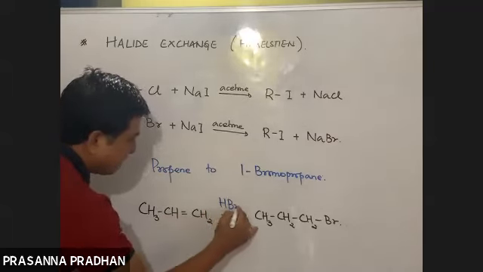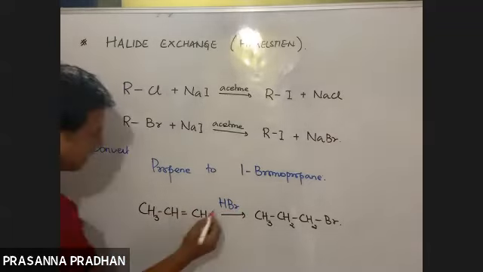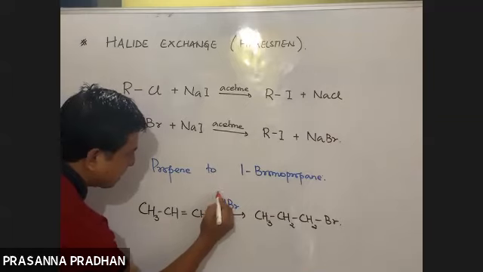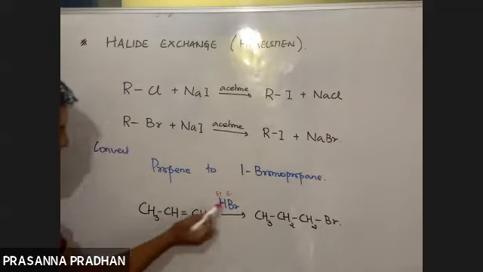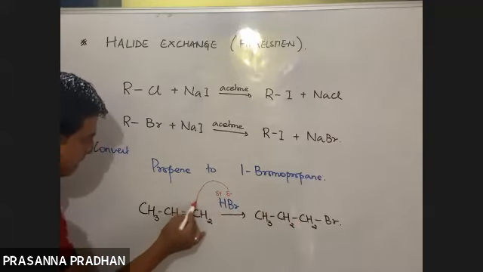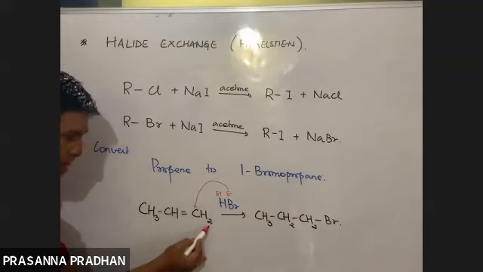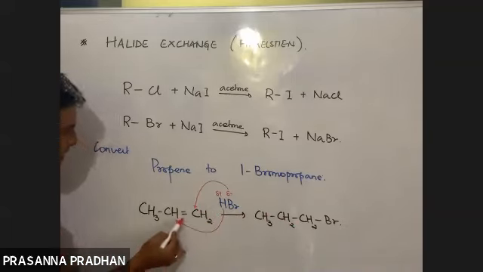But how is HBr added? Let us examine carefully. Here is the positive part and this is the negative part. The negative part is added to the carbon containing the greater number of hydrogens, and the positive part is added to the carbon containing fewer hydrogens.